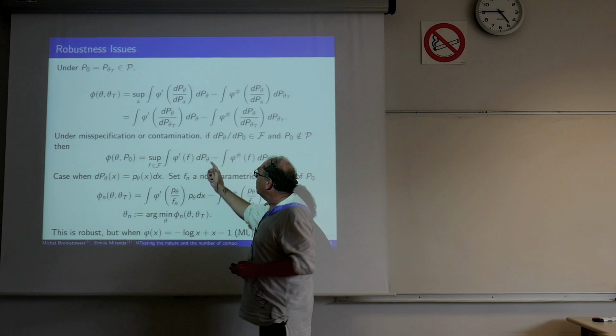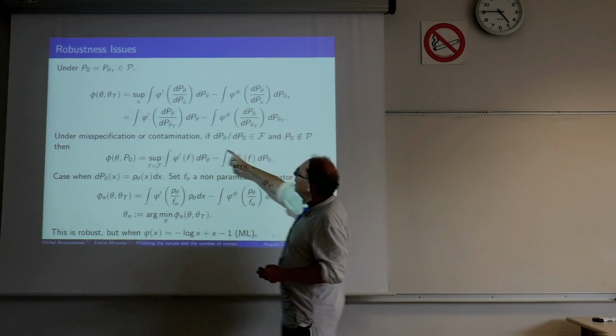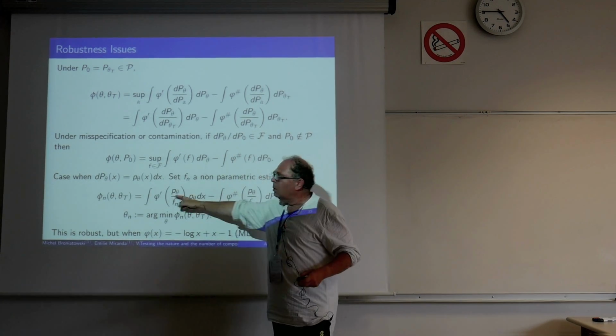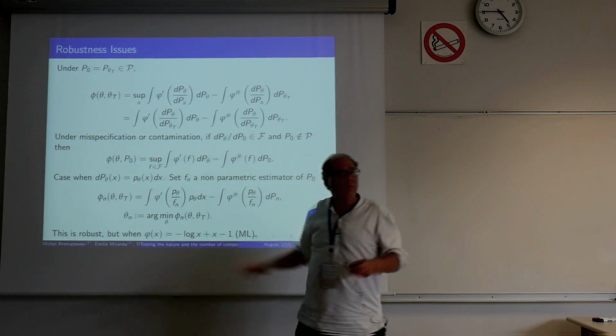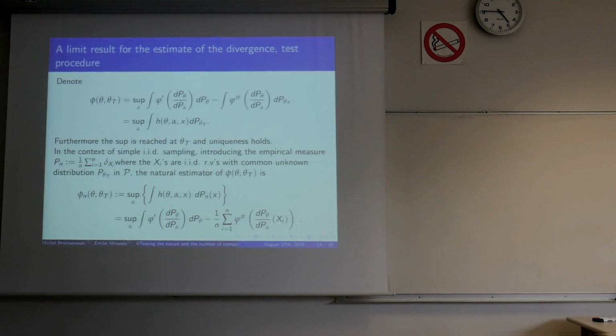And if we take fn, an estimator of p0, say a kernel estimator, then we will have some way to handle problems of robustness. So I will skip this now.